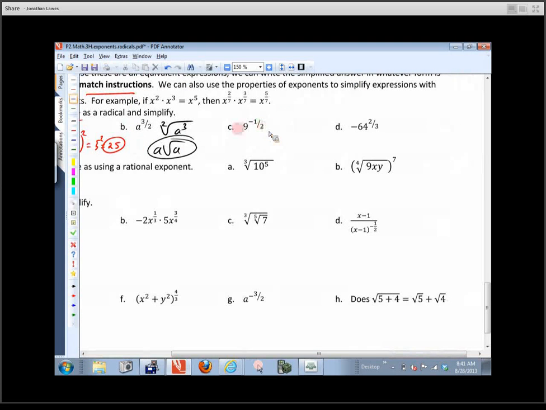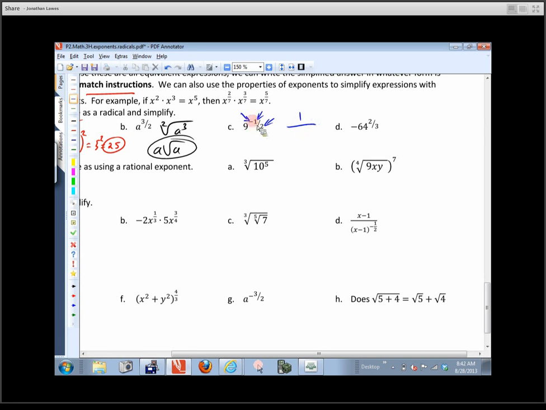Okay. I like this little numeric expression right here because it will allow us to explore all 3 parts of an exponent. What does the negative mean? Reciprocal. What is that? That's the power or the exponent. And what's the 2? That's the root. So let's do the reciprocal. 1 over.